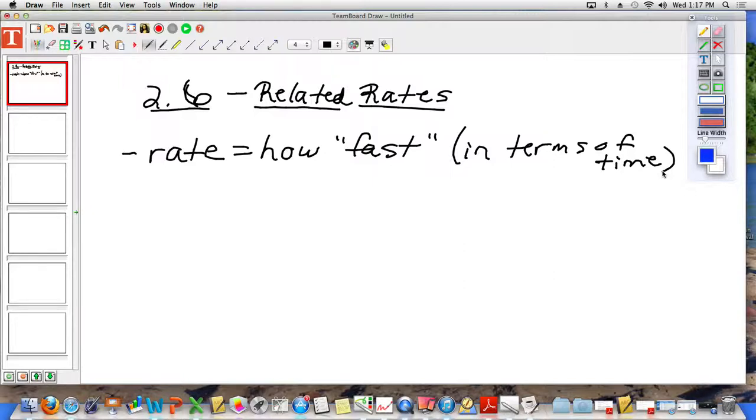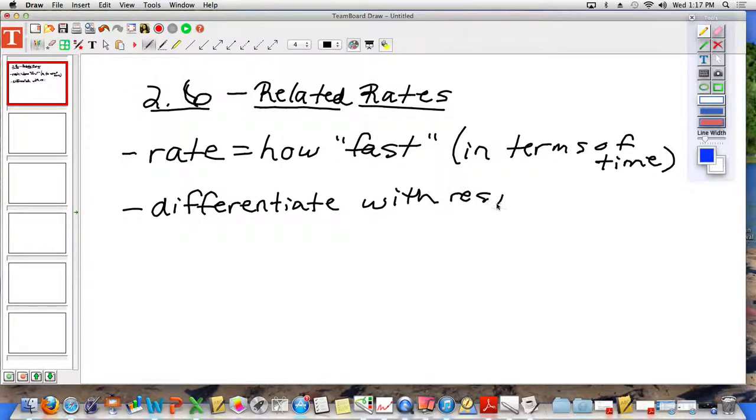So when you are working through these problems today, you are going to differentiate with respect to time.